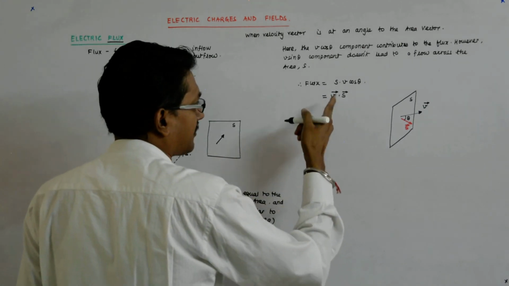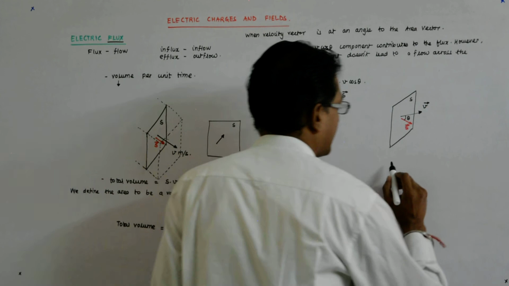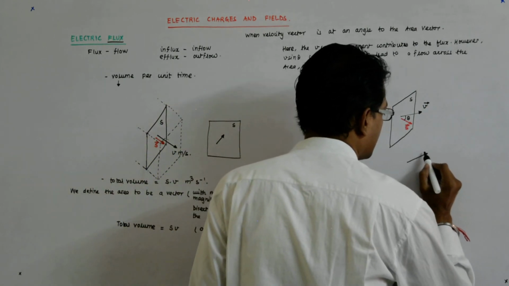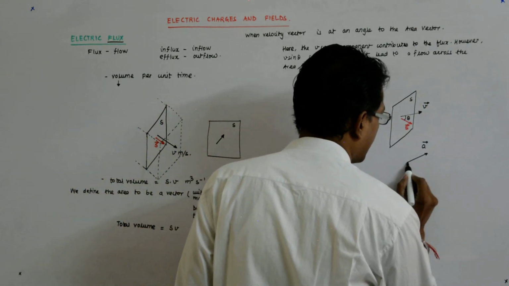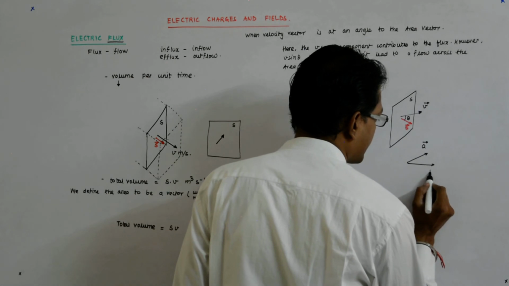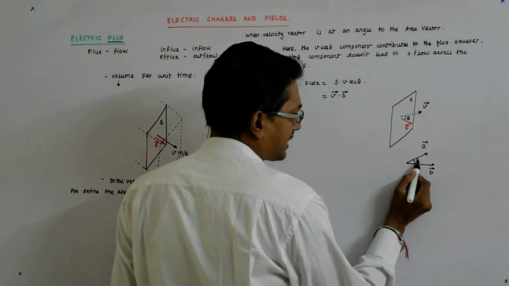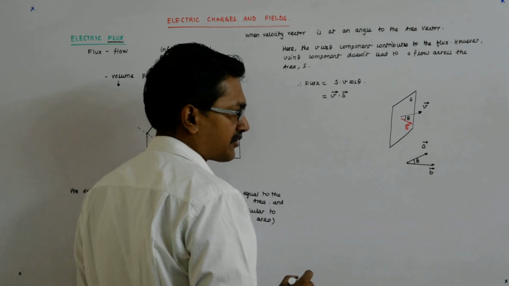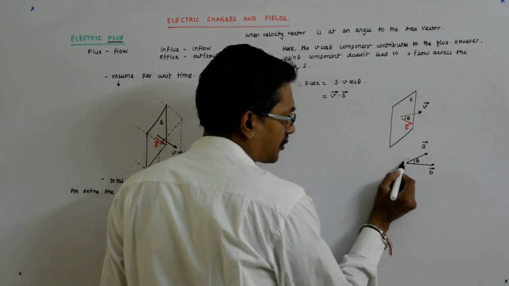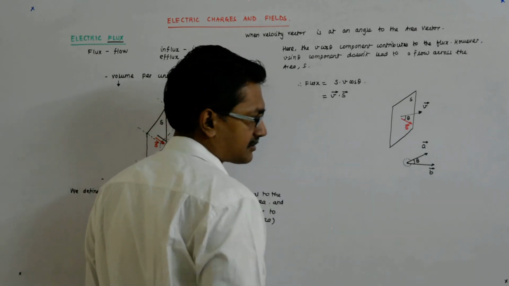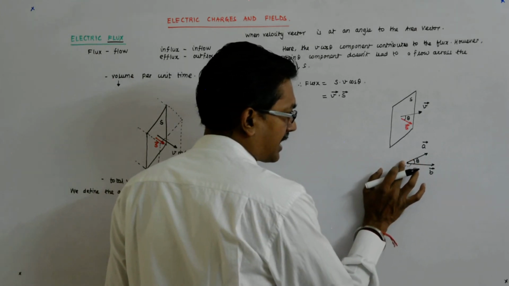V dot S. Why? Because if I have A and B as two vectors which are co-initial, and theta is the smaller of the angle between the two, because why I say smaller? Because there is another angle which is this, but I am talking about that angle.